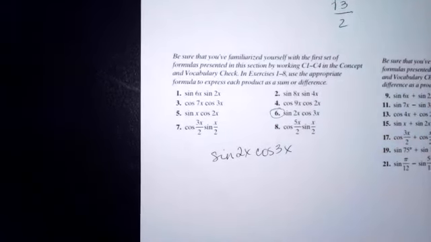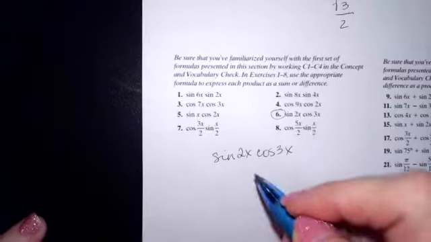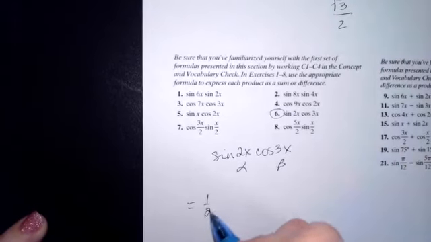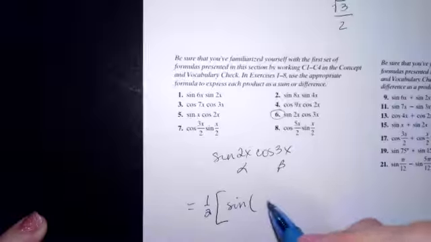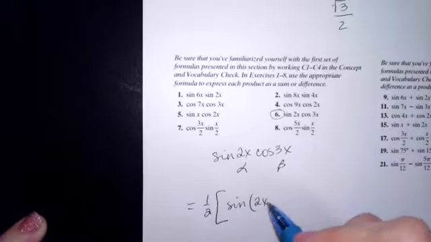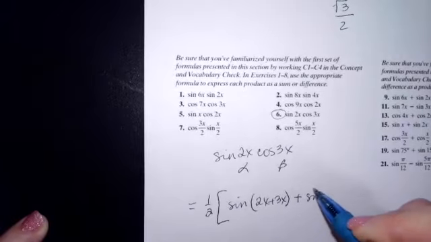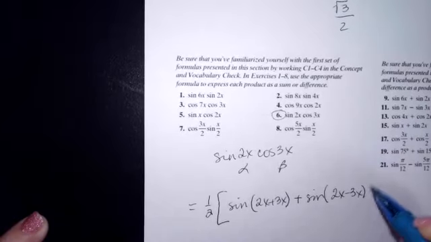The formula that matches this one is going to be sine alpha cosine beta, which equals 1/2 sine the sum of alpha and beta plus sine the difference of alpha and beta.